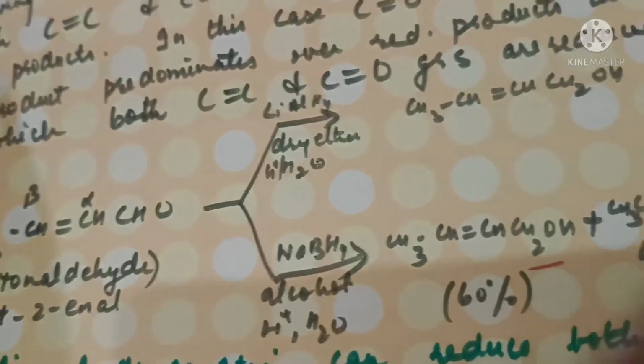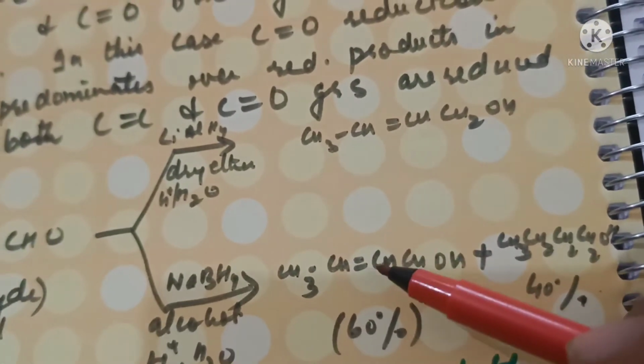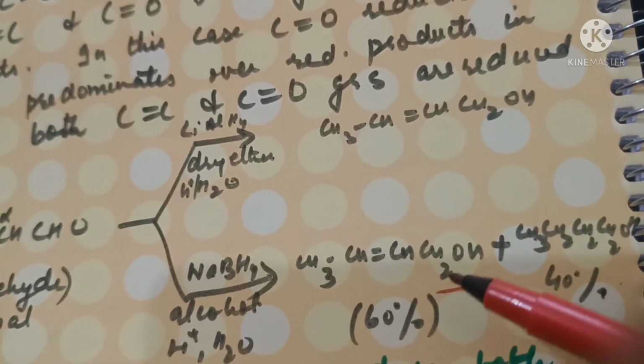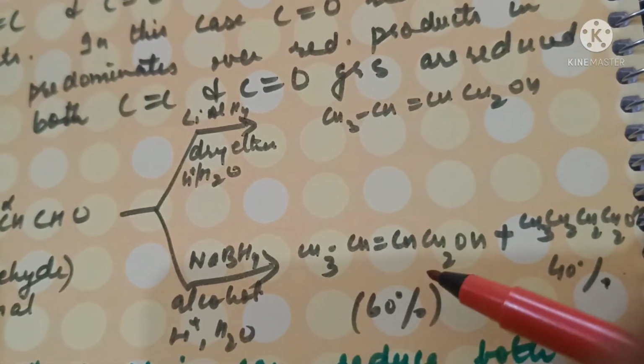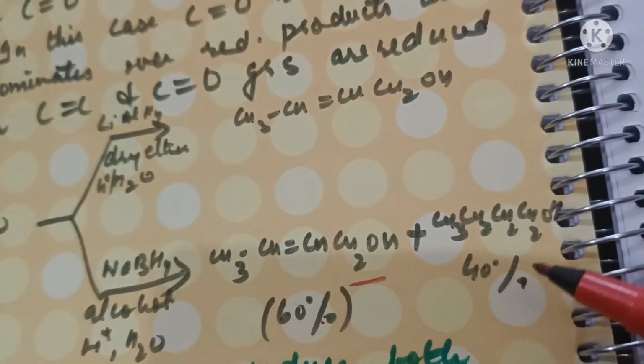It also forms this compound where the double bond is left intact, but this product is formed in greater amounts than this product where it reduces the double bond.